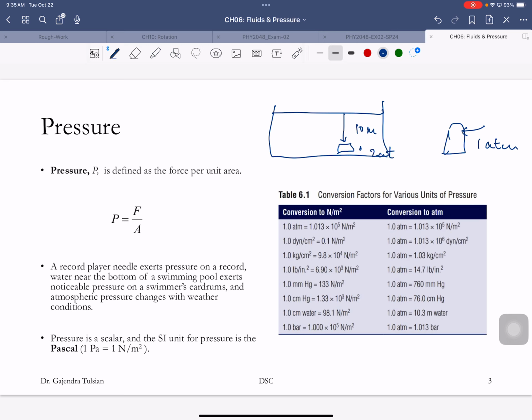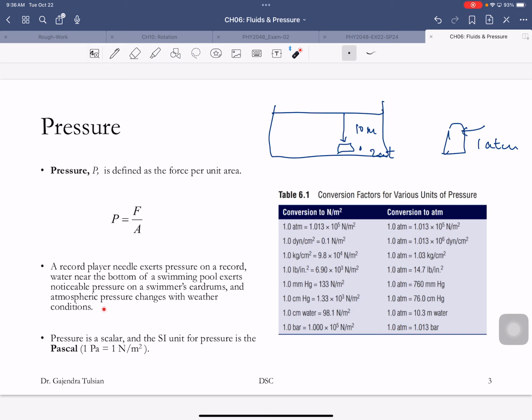You'll notice the pressure on your eardrums, so you have to balance the pressure inside your middle ear, otherwise your eardrums are being pushed. And 10 meters is actually 33 feet, roughly twice the height of this ceiling.